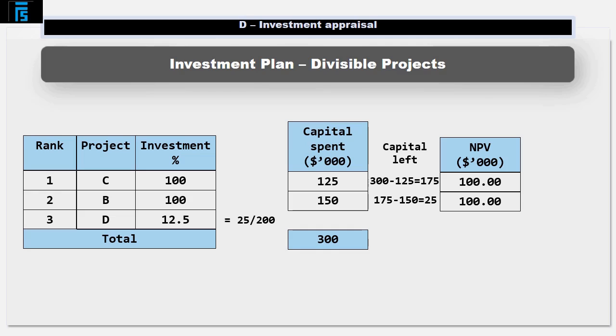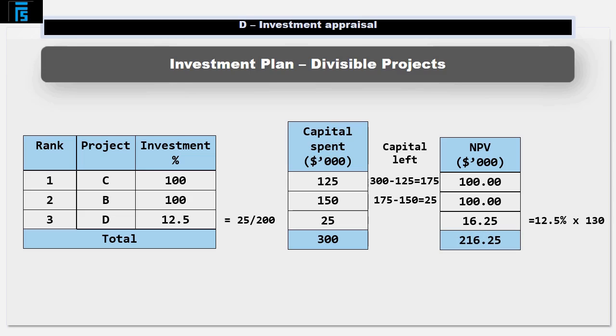This means it will cost us 12.5% times $200,000 is $25,000, and we assume that will generate an additional NPV of 12.5% times $130,000 is $16,250.